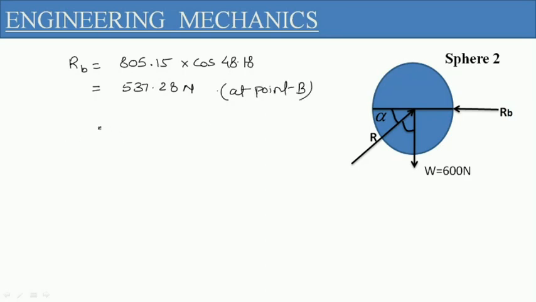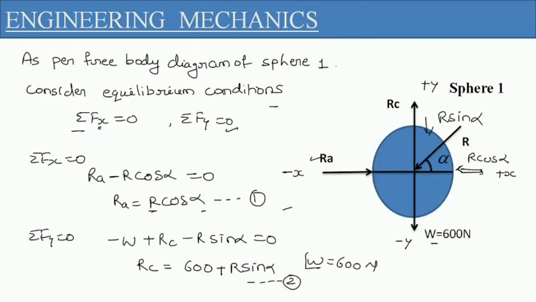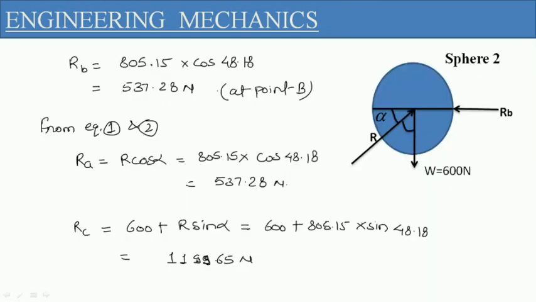Now with the help of equation 1 and 2, we can define the other values. Here we have RA as equation 1 and RC, that is 600 plus R sine alpha, as equation 2. So let's define these two values. RA value we can define as R cos alpha, so it will be 537.28, equivalent to RB only. And RC will be from equation 2, 600 plus R sine alpha.